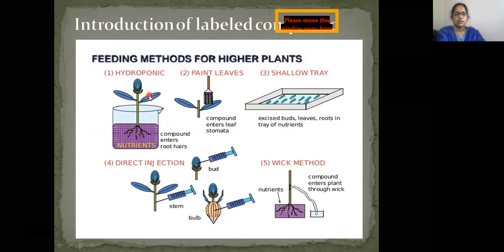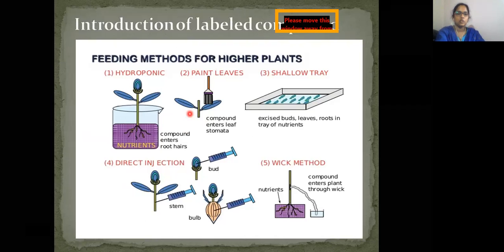We just cut the edge of the stem and allow it to be intact with the hydroponic solution containing radio labeled compound, so that the compounds present in it will be absorbed by the stem. That is the second one.